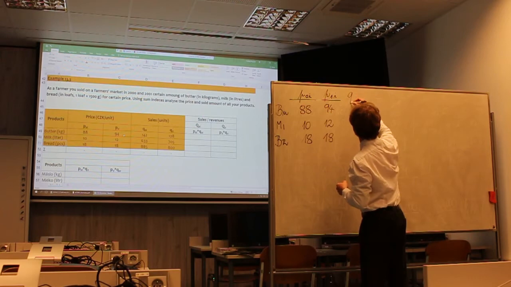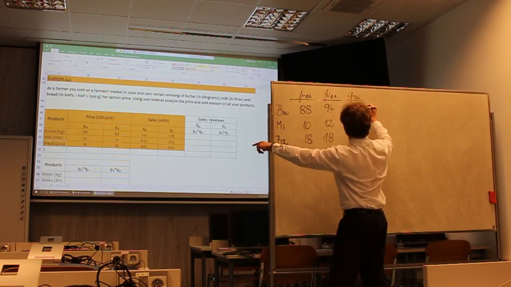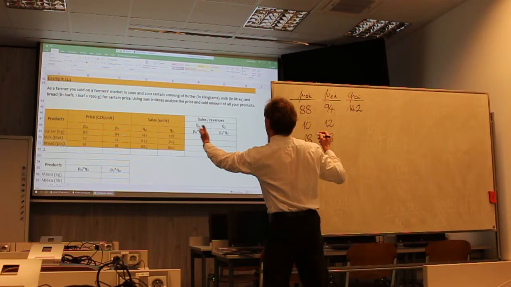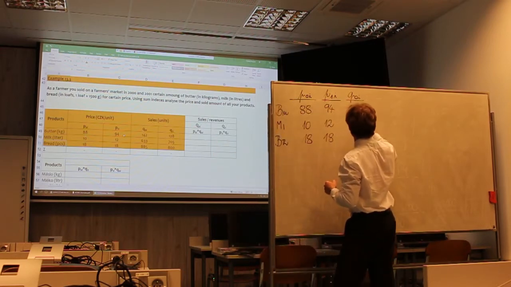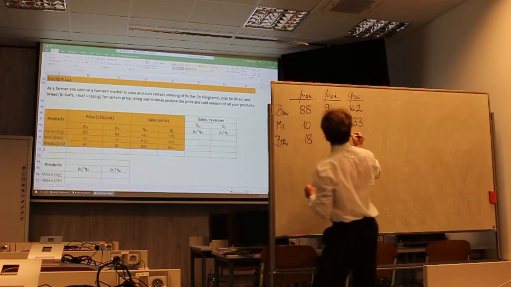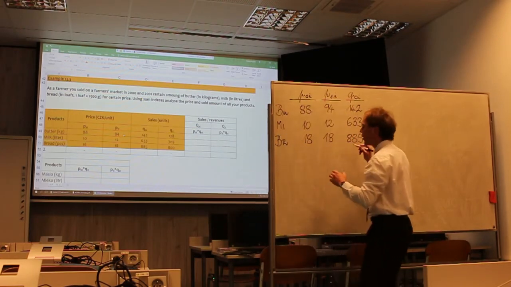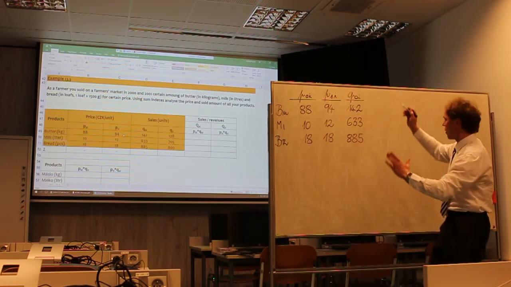So quantity in period 0 for each product: 142 kilograms of butter, 633 liters of milk, and 885 pieces of bread.